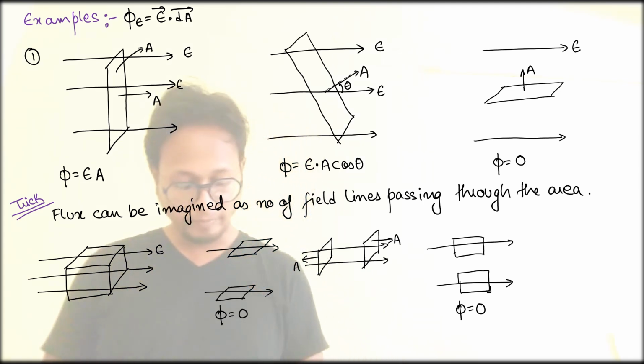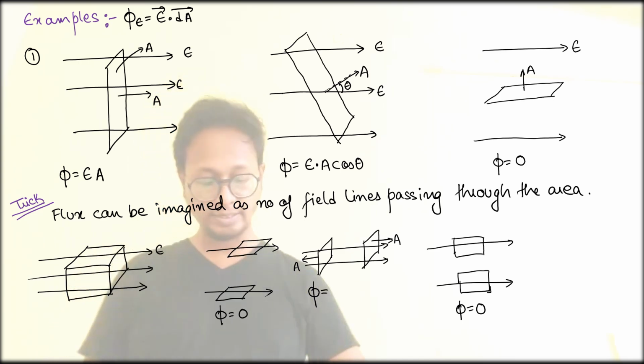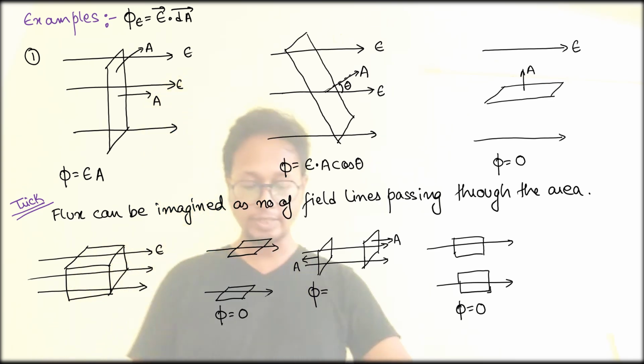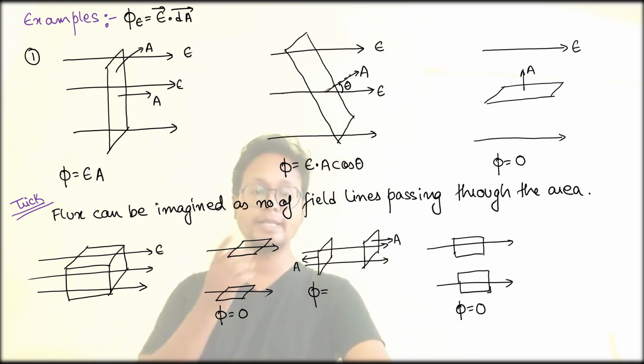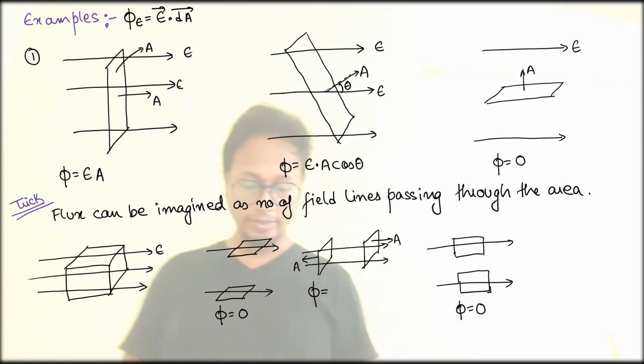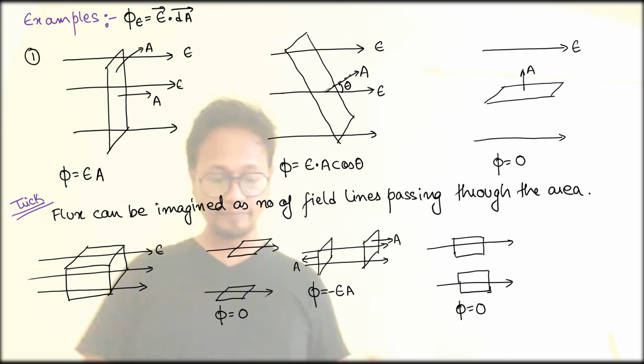So on the left hand part, the angle between area vector and the electric field vector is 180 degrees. Understood? And cos of 180 is -1. So out here, flux is equal to E into A into -1, or minus EA.